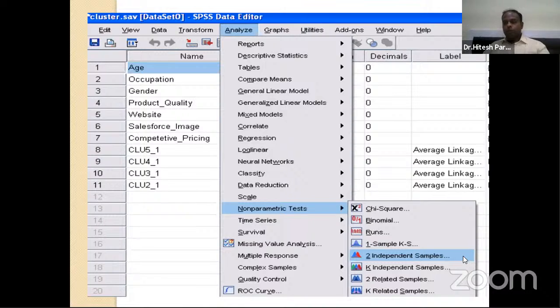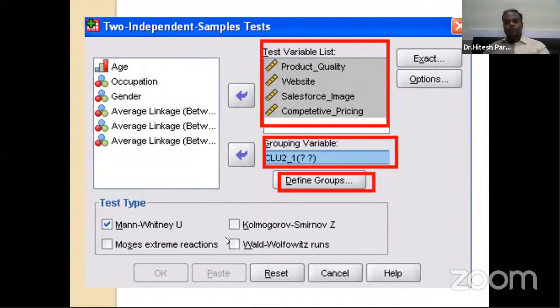Once you click on 2 Independent Samples, this dialog box will appear. Transfer all 4 variables, product quality, website, and so on, into the test variable list. The grouping variable will be cluster2_1. Click on Define Groups.